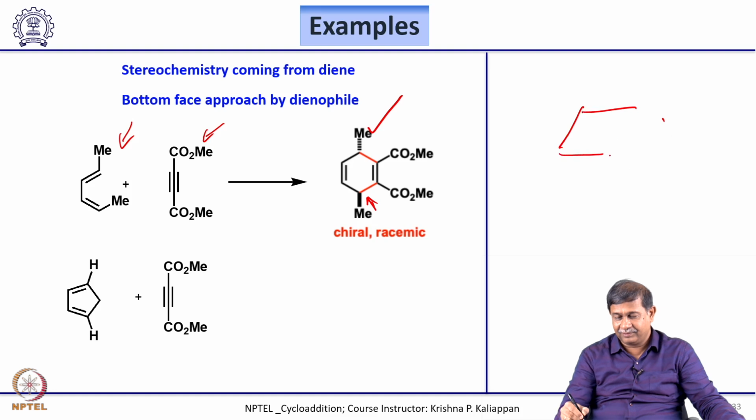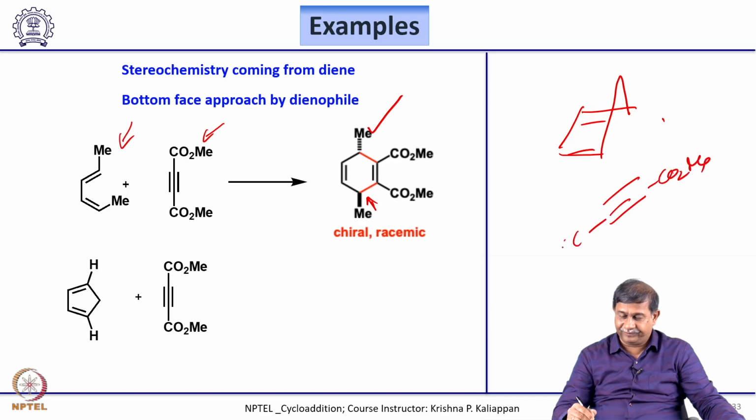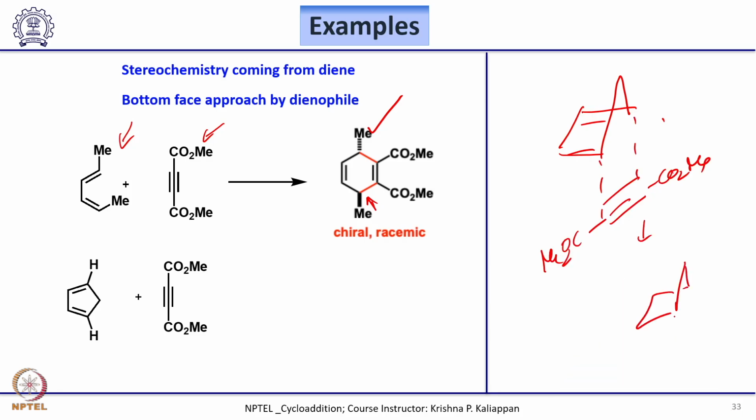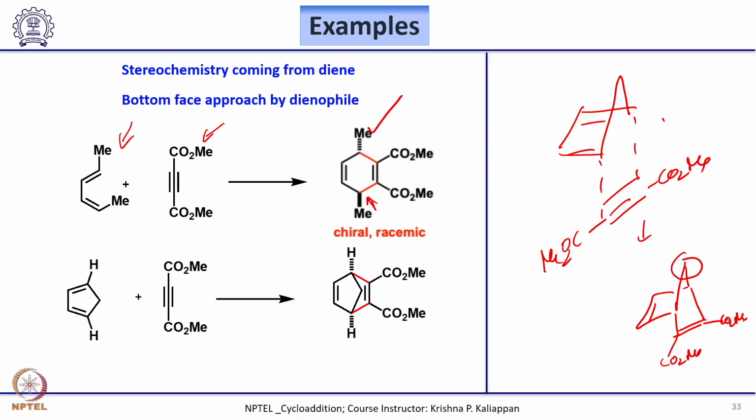So you have cyclopentadiene and then the dienophile approaches from the bottom, and that should give you, basically what you should know is this methylene group which is the inside substituent, that will become beta.